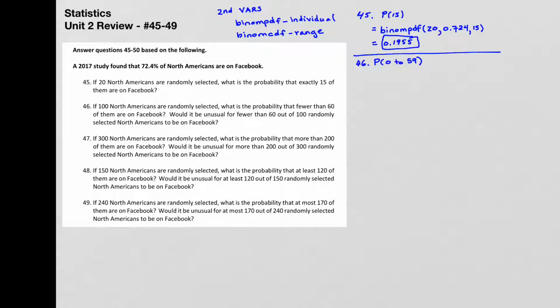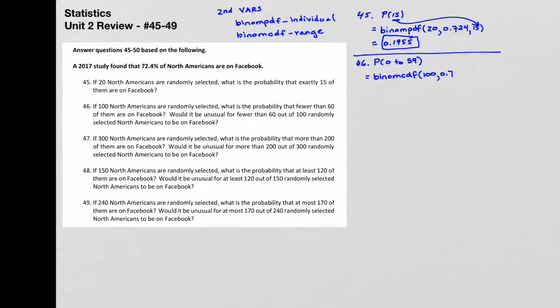When we used the binom PDF function in 45, we used the number 15. That was our value there. Now, when we're using the binom CDF function, because this is a range of values, first of all, I need to say what is the number of trials, and that's 100.